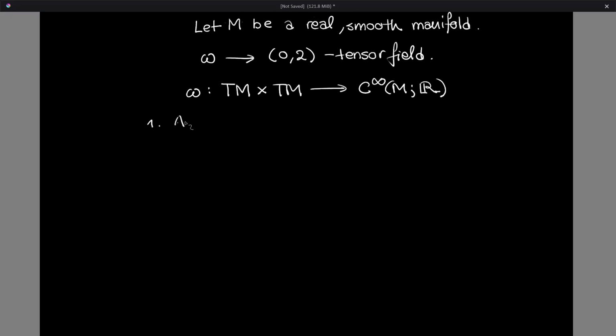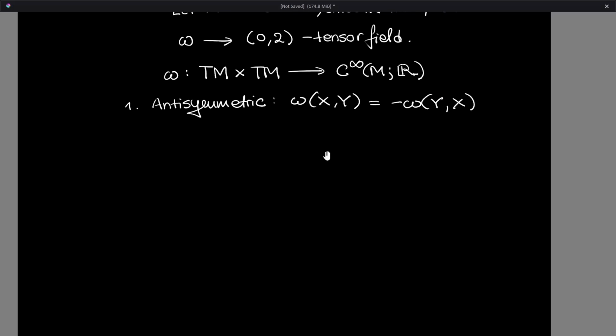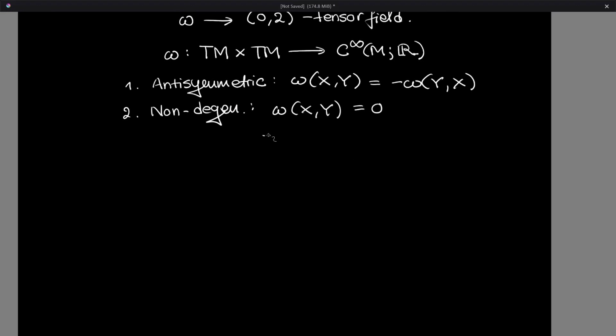One, it needs to be antisymmetric, so it needs to be a form, or an exterior form in this case. Antisymmetric, so omega(X,Y) needs to equal minus omega(Y,X). Two, it needs to be non-degenerate. This means that if omega(X,Y) is equal to 0, then either the vector field X is equal to 0 or the vector field Y is equal to 0.